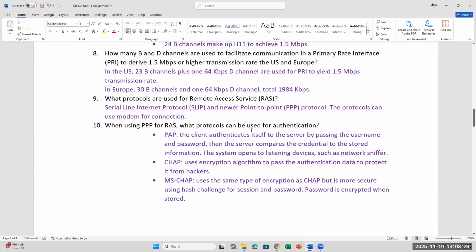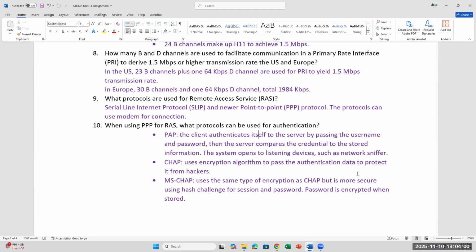So when you're using PPP for remote access, what protocols can be used for authentication? When you use remote access, it's important that you set up authentication accordingly, right? So one, you can use PAP. This is for when your client authenticates to its server by just issuing the username and password.